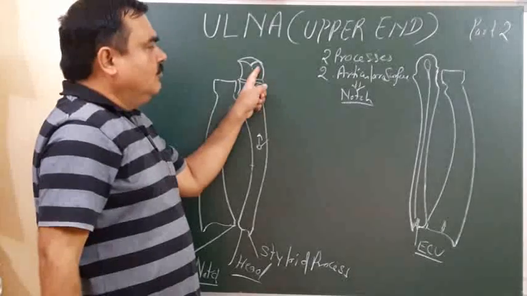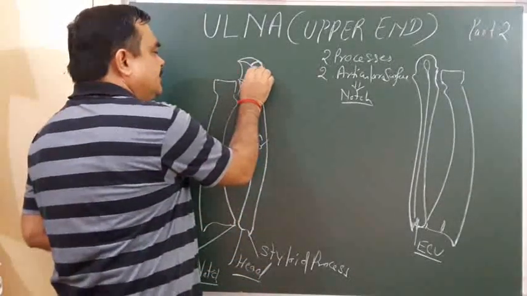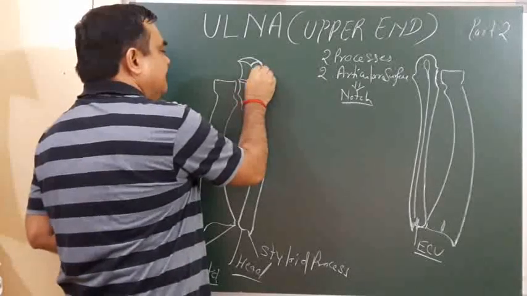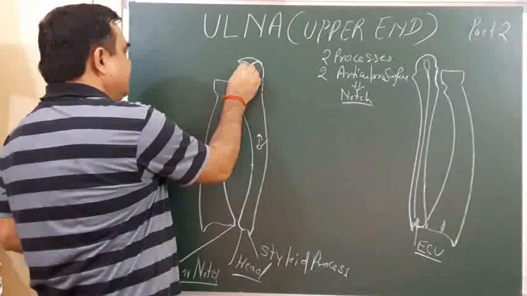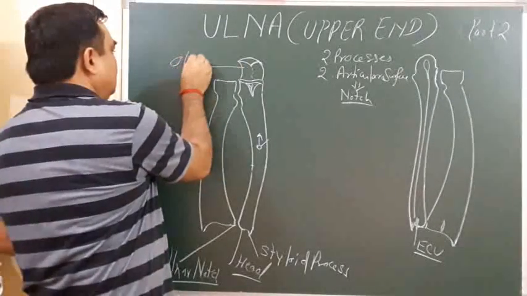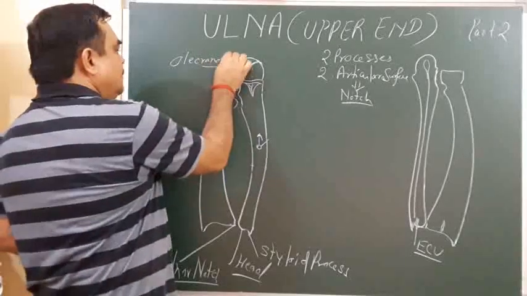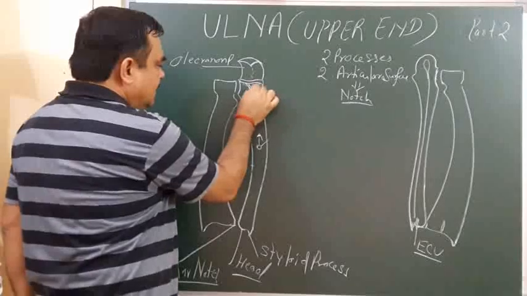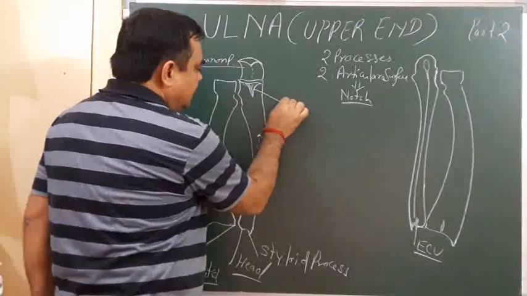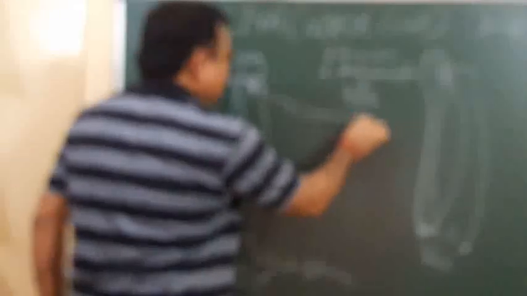So this is one process. This process is the olecranon process. And another process, this process is the coronoid process.